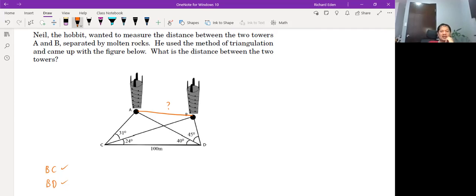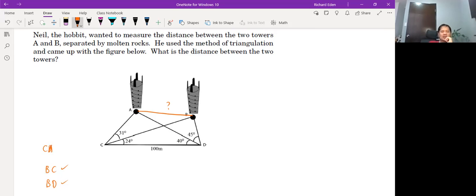So from there, we also know, wait, can we find angle CAD? Yes, CAD, because you have 31, 24, and 40. So from there, we just need to find the other angles.